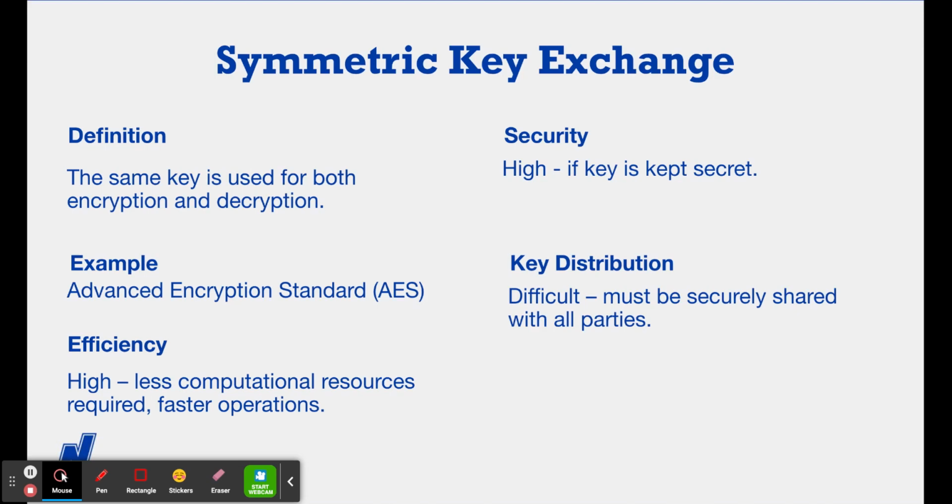The main advantage of symmetric key exchange is that it is more efficient. The encryption and decryption processes are much faster and require less computational resources compared to asymmetric key exchanges. However, the main challenge with symmetric key exchanges lies in the secure distribution of the key itself. Alice and Bob must have a safe way to share the secret key without any third party interrupting them.